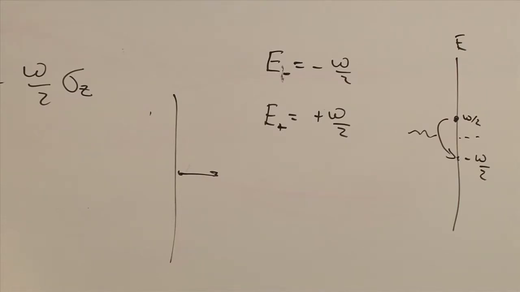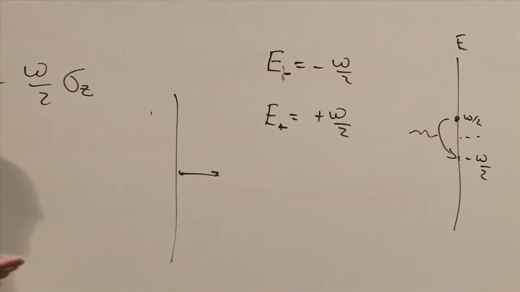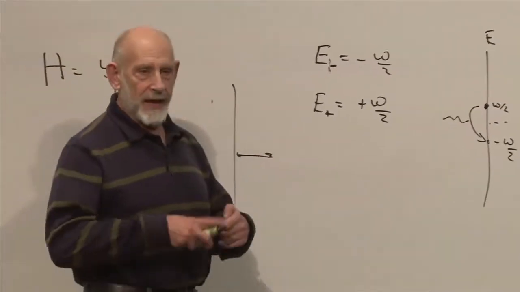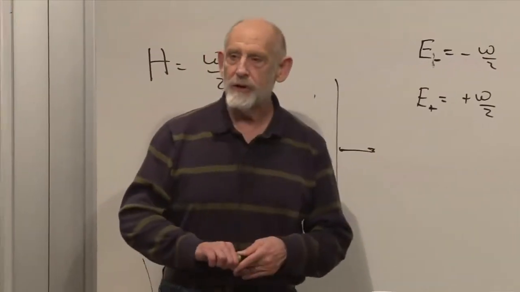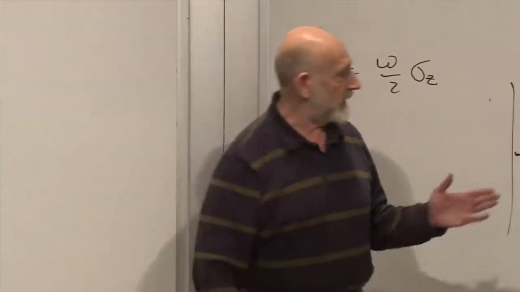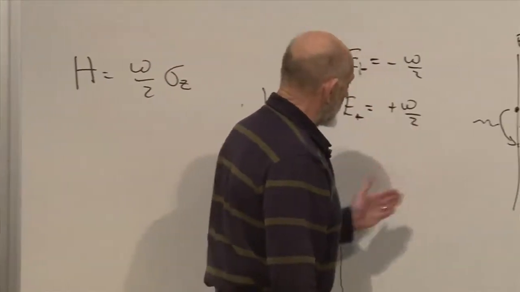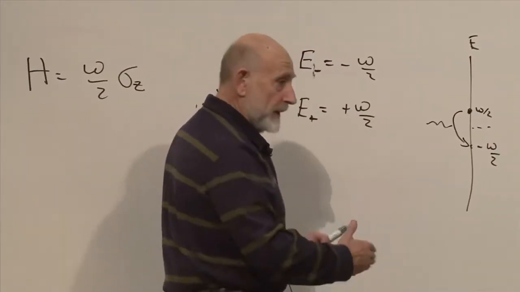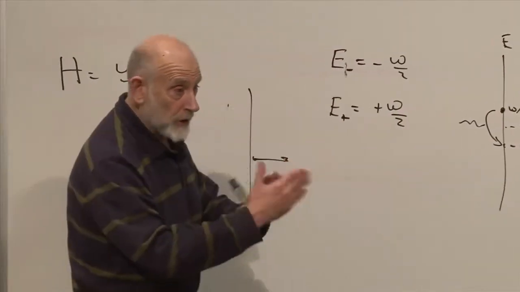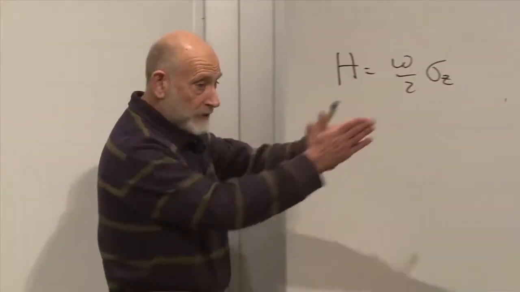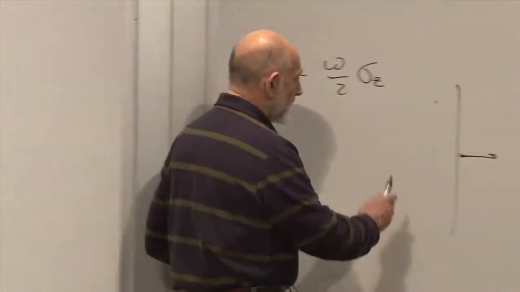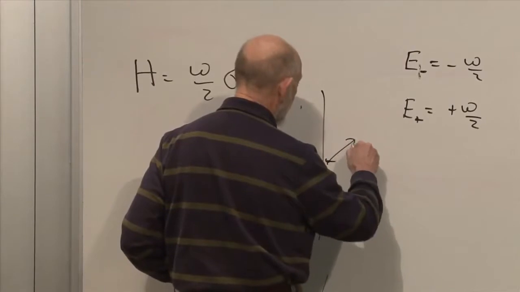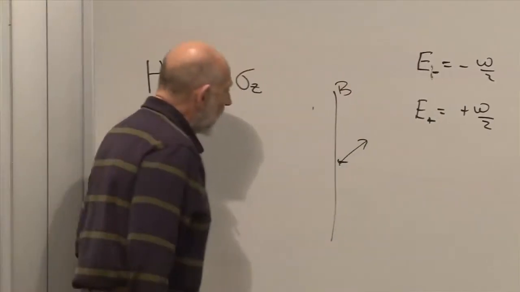Let's discuss first what would happen classically. Classically, if we had a spinning rotor in a magnetic field, the typical energy would be proportional to the cosine of the angle between the axis of the spin, here's the axis of the spin, and the magnetic field.